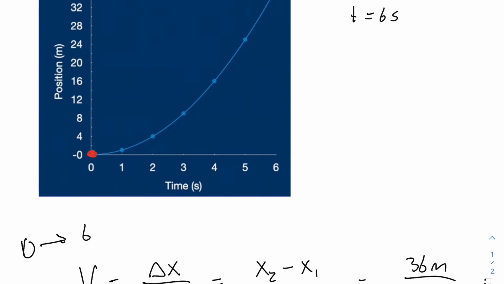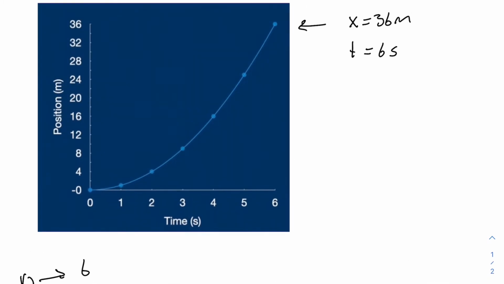You could pick 2 time intervals. Let's say we picked 2 and 4. I'm just going to draw some lines here. If we found the average velocity for that time interval, that's going to be pretty close to what the exact velocity is at 3 seconds, right?